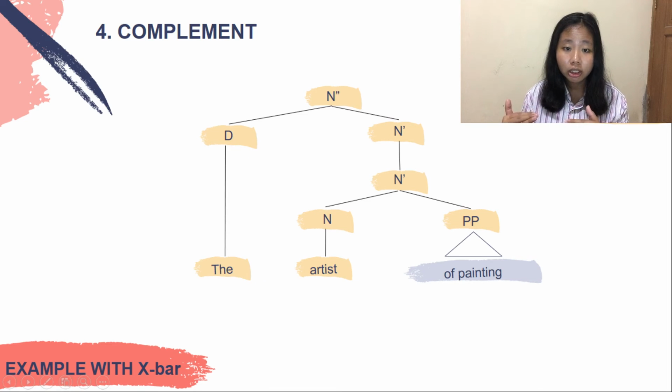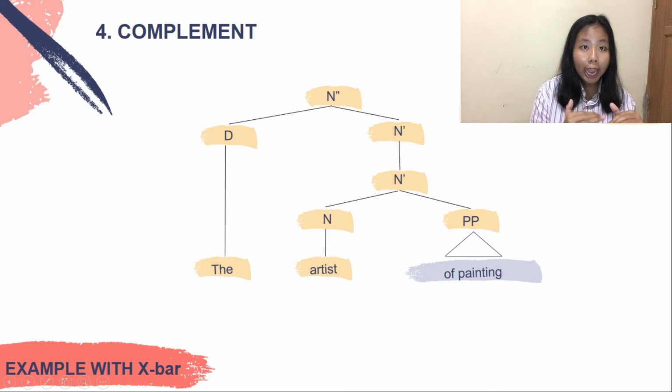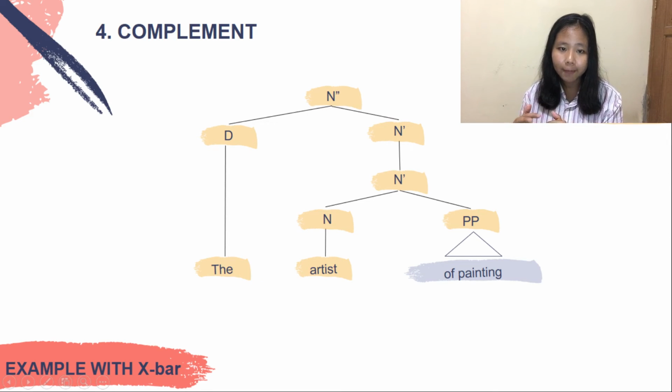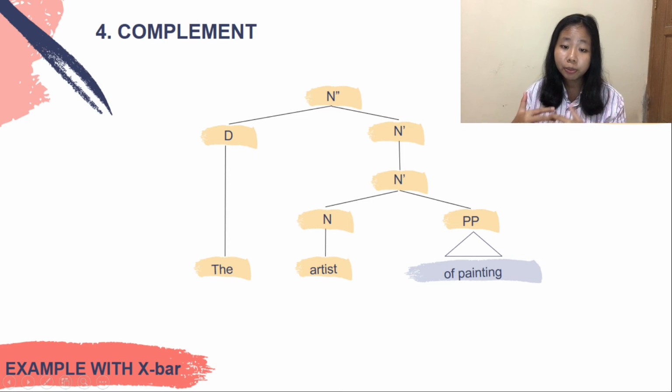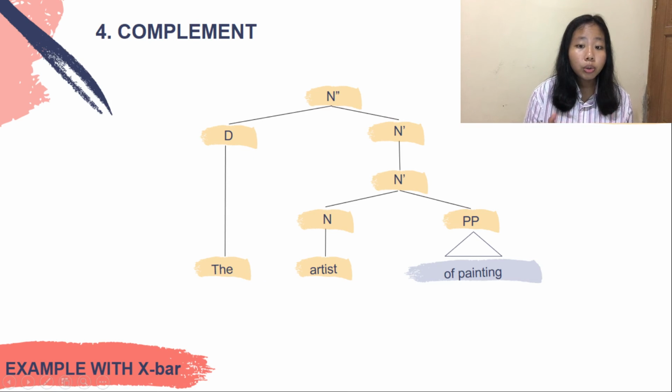And N bar here branches into N bar again. And this N bar branches into noun and prepositional phrase. The noun here is artist, and the prepositional phrase is of painting. So, of painting stands as the complement.